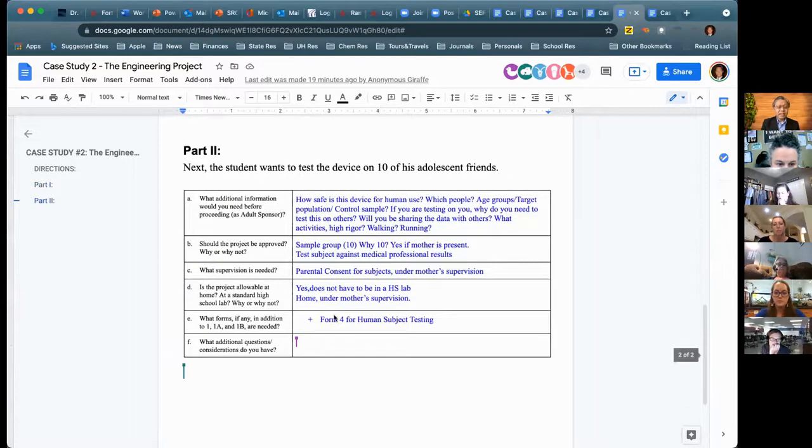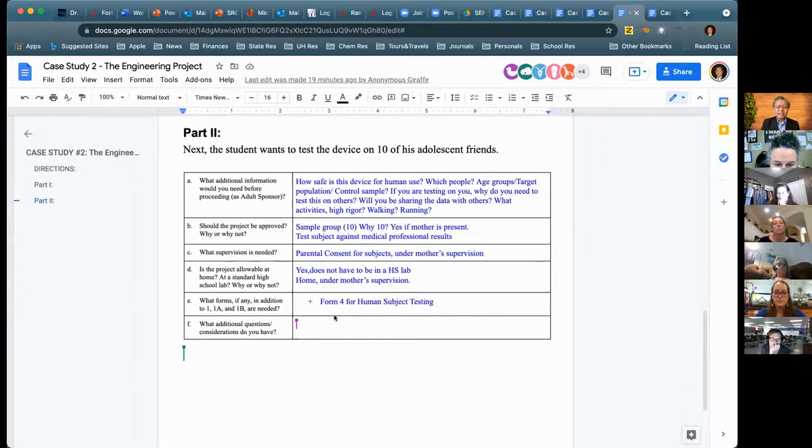Now, for the second part, yes, it is now a human subject project. What you want to also consider, however, is that because this is a diagnosing device, a lot of other things get triggered in the medical profession.